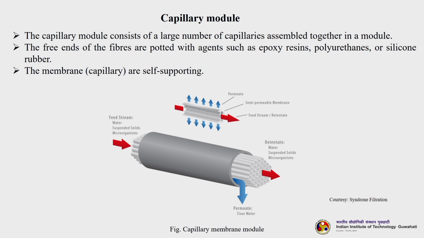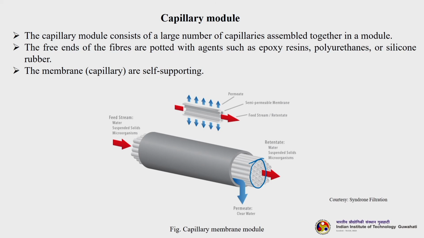The next one is the capillary module. The capillary module consists of a large number of capillaries assembled together in a module. You can see so many capillaries here, and the free ends of these fibers are potted with agents such as epoxy resins, polyurethanes or silicon rubber. The membranes are self supporting.